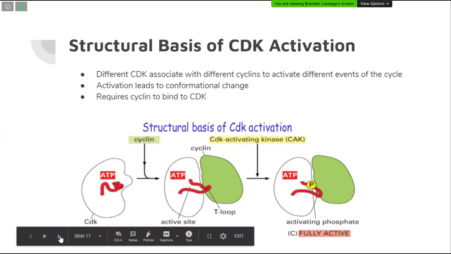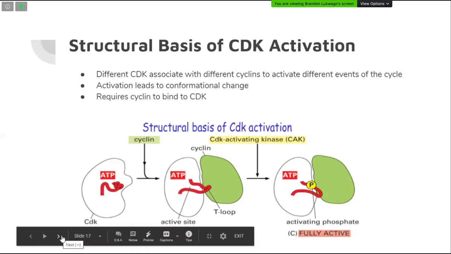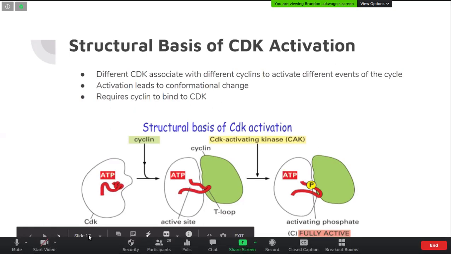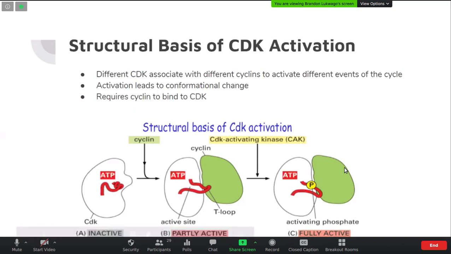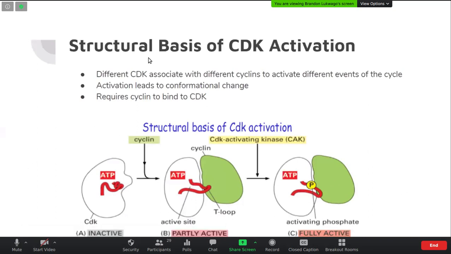It's not fully active yet until CDK activating kinase comes in and phosphorylates an amino acid near the entrance of the active site, which increases the activity of CDK. And as you can see in the last structure, CDK becomes fully active.